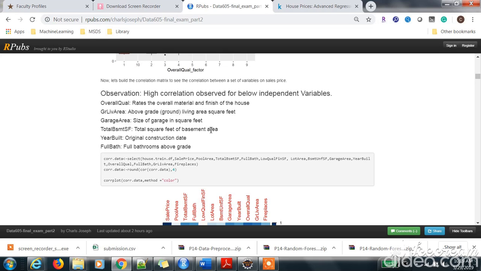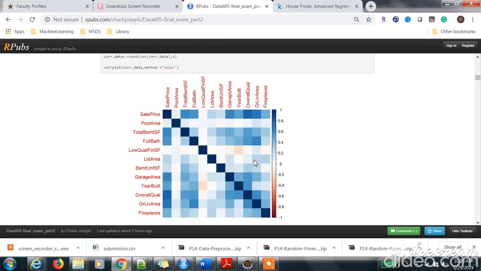Then I did the correlation between two variables, one independent variable and the other the target variable. I took a couple of numerical variables and then I did a correlation matrix.